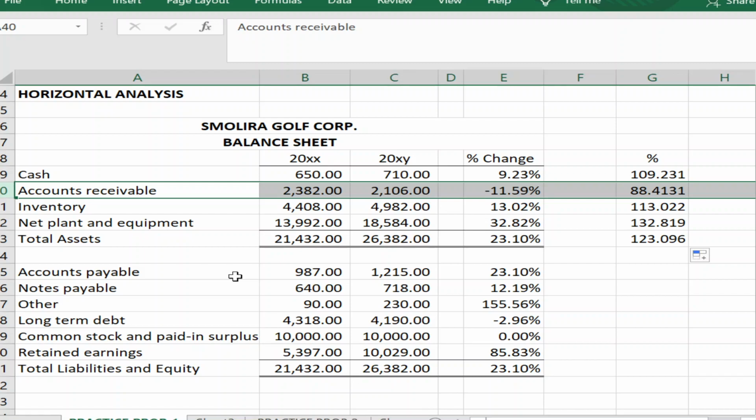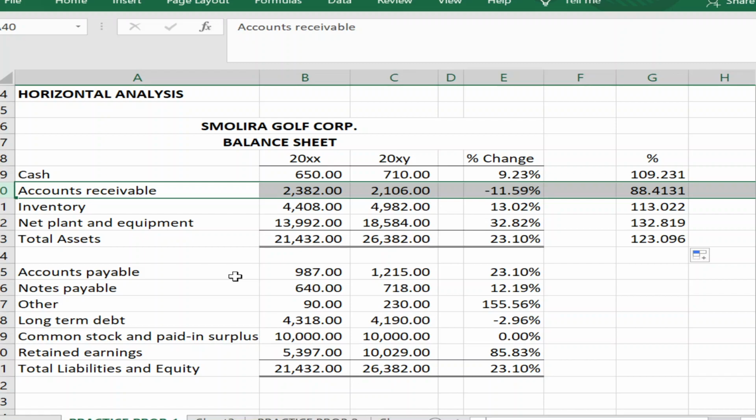Or we have written off some of our accounts receivable because they are really doubtful of collection. Or we have increased our allowance for bad debts, and that's why our net accounts receivable decreased.